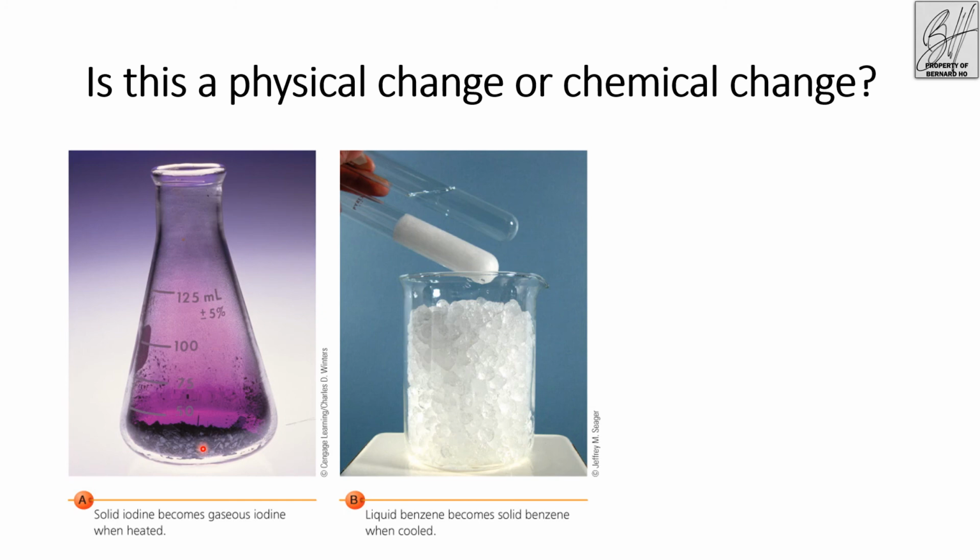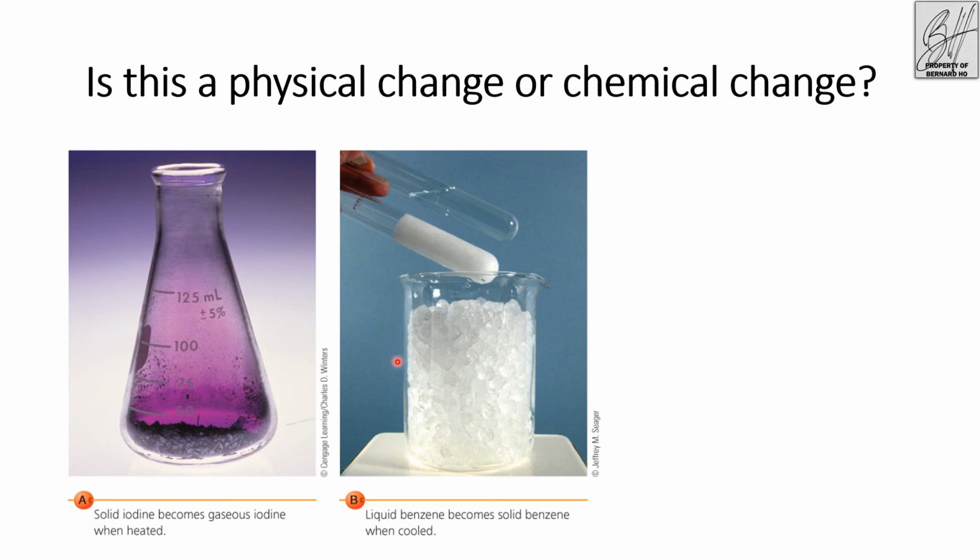Well, heat only makes molecules of iodine separate from each other and become more distant from each other to become a gas. However, the molecules of iodine are still the same. Solid iodine is comprised of the same atoms as gaseous iodine. So without a change in composition, what we are seeing here is a physical change.